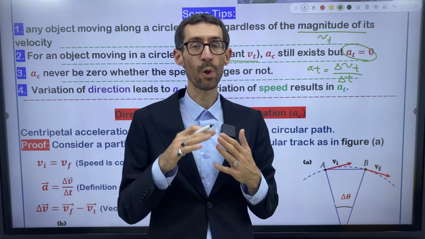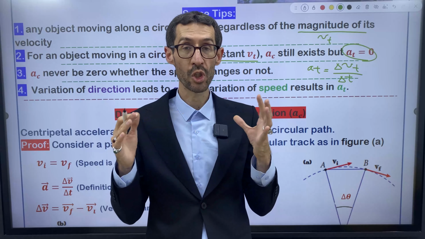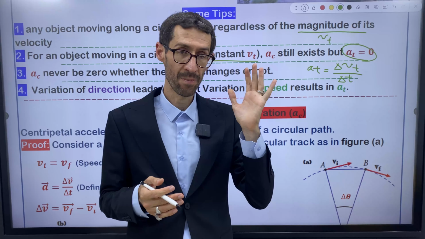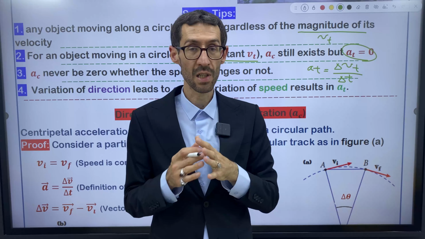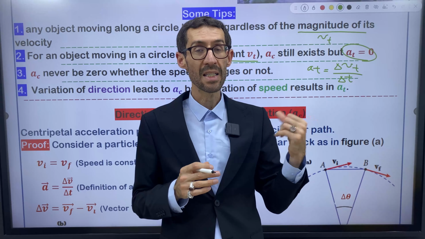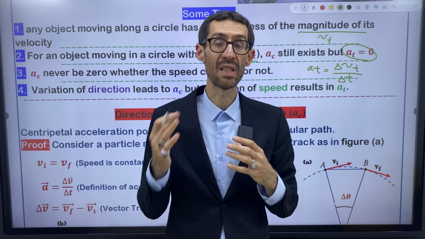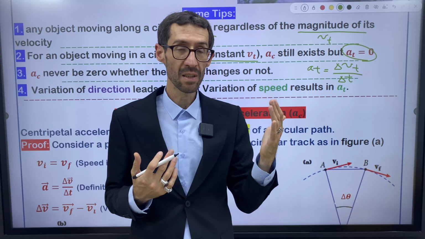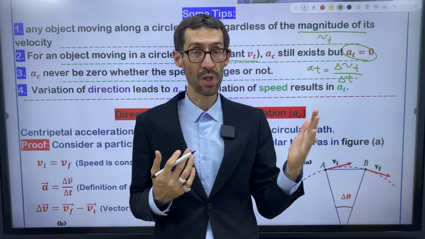So when the object slows down along a circular track, without thinking, AC exists because there is a circular track, right? But AT, I say the object slows down. What does it mean? It means the speed is reducing in this situation.